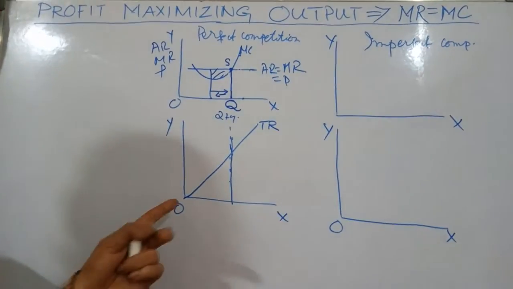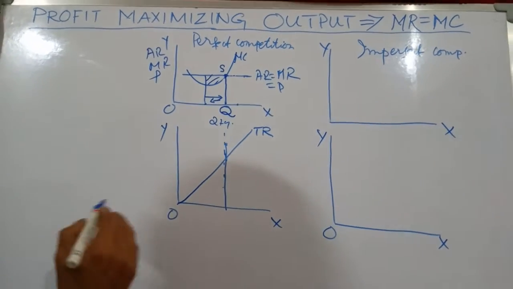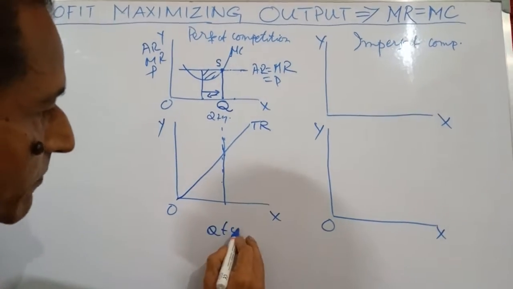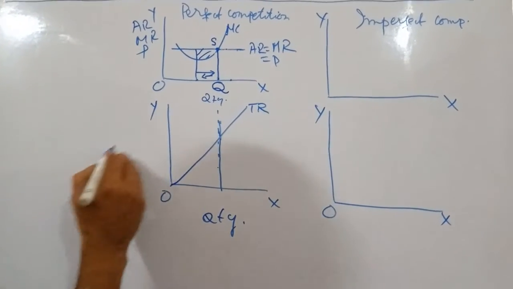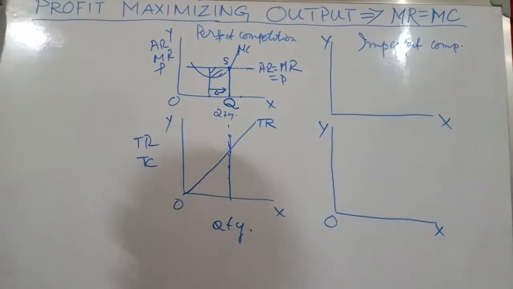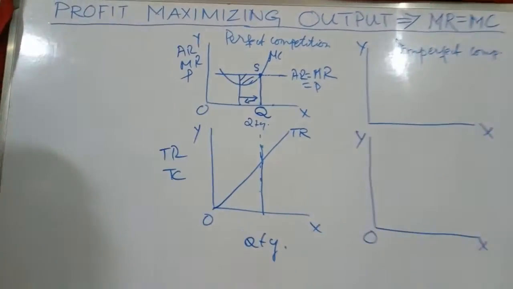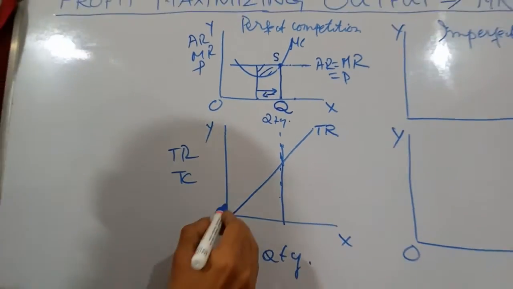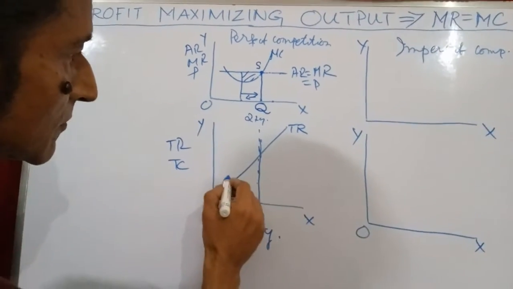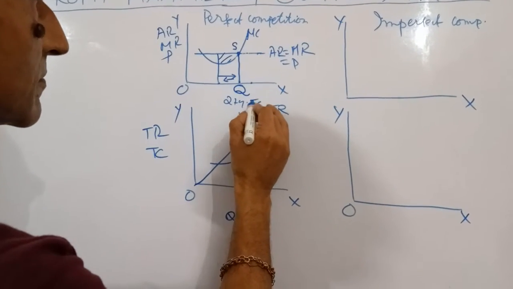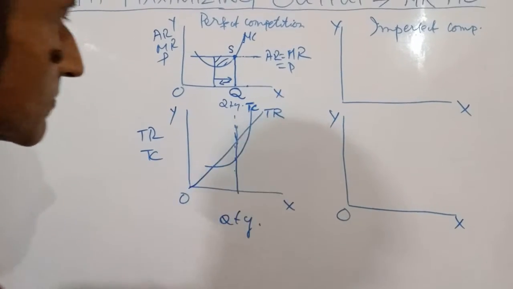It will start from the origin, because at zero output there is no revenue. Here we measure quantity. Here we measure total revenue and total cost. Right? Now the total cost curve will be, this is the total cost curve, like this.